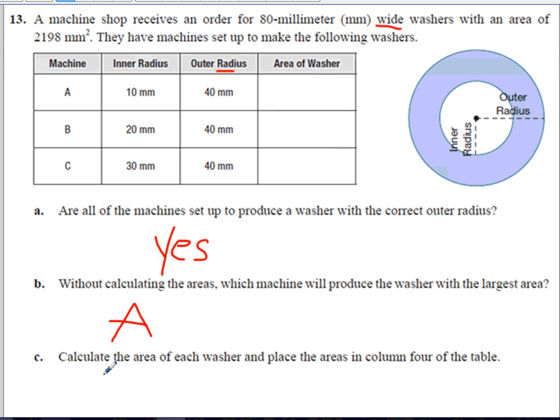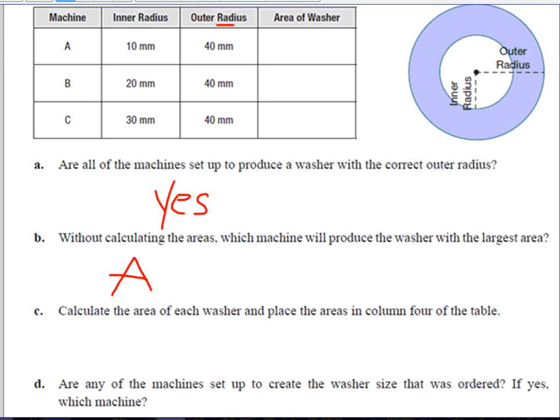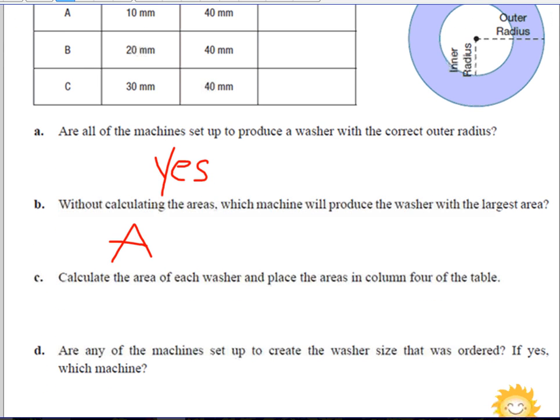And then it says calculate the area of each washer and place the areas in column 4 of the table. And so again, we have to subtract the areas of each of the circles for machines A, B, and C. So for machine A, we're going to do the area of the inner circle, which is 3.14 times 10 squared.